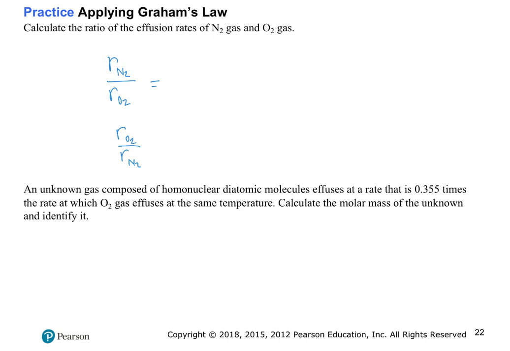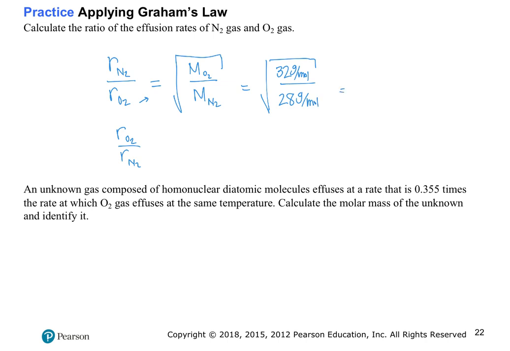Rate of nitrogen over rate of oxygen is going to be equal to the square root of the molar mass. Remember, the bottom one comes up top, so molar mass of oxygen over the molar mass of nitrogen. So they just switch spots. So we can then plug in our values. The molar mass of O2 is 32 grams per mole. Molar mass of nitrogen is 28 grams per mole.